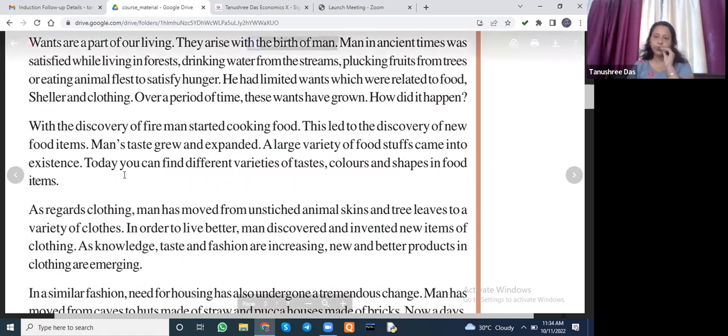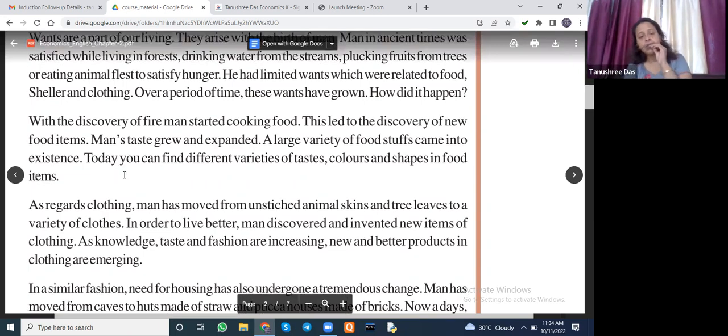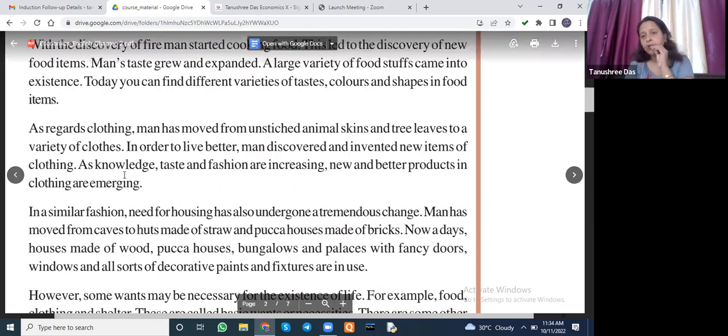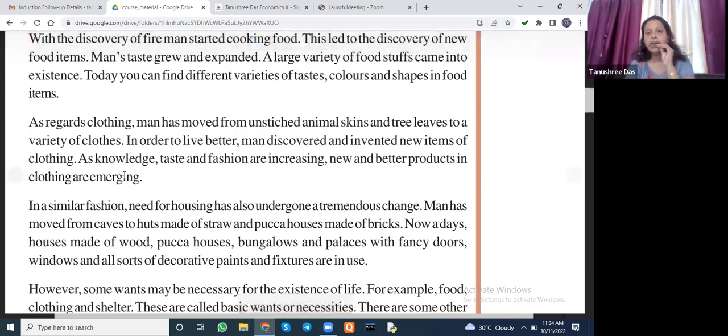As regards clothing, earlier there were no clothes. People were using no clothes. Later on, they learned to wear clothes made of leaves. Then, as civilization goes on developing, nowadays we are having stitched clothes.